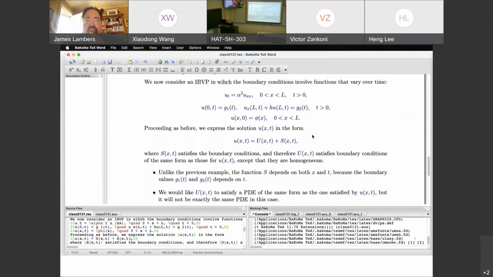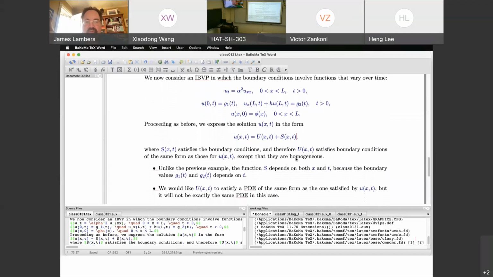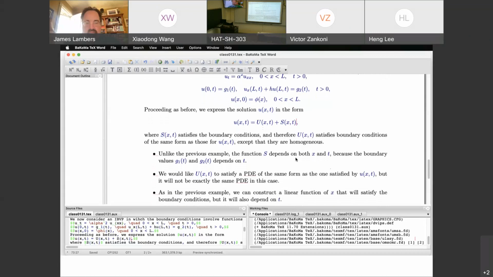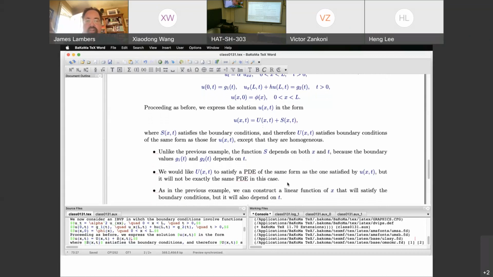Also, what we will find is that the PDE for the new problem, so solving for capital U, will not be exactly the same. And we'll see what that means when we get to that point. So we're still going to have a linear function of x to satisfy boundary conditions, but there's going to be a t dependence involved. But at least in terms of being a function of x, it's still simple in that regard.